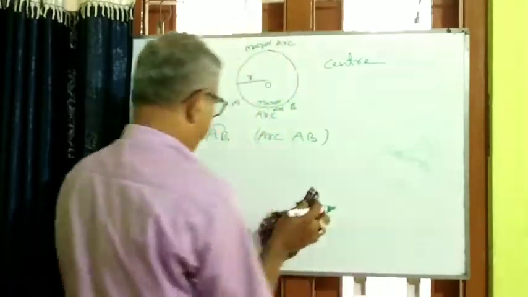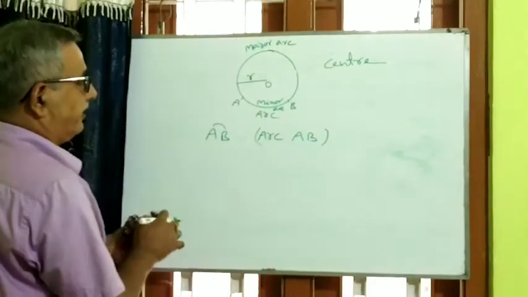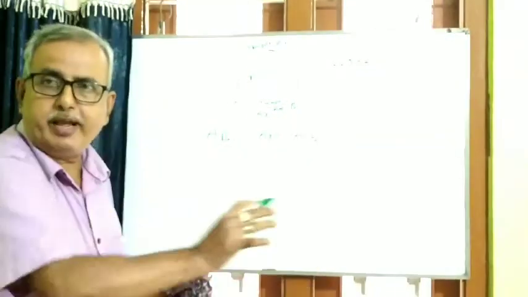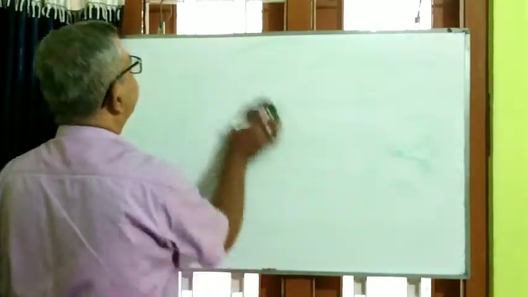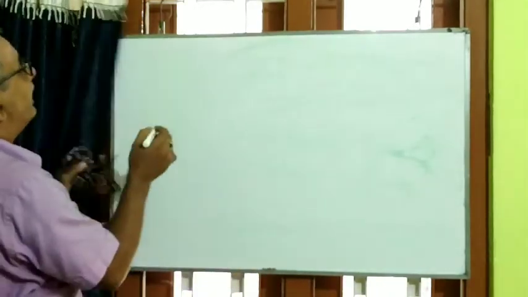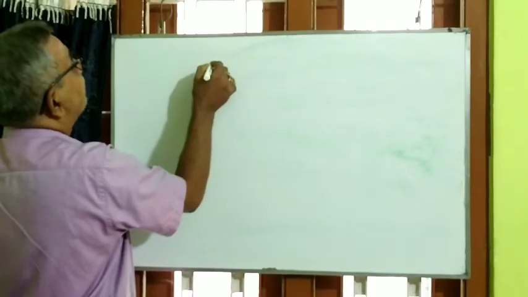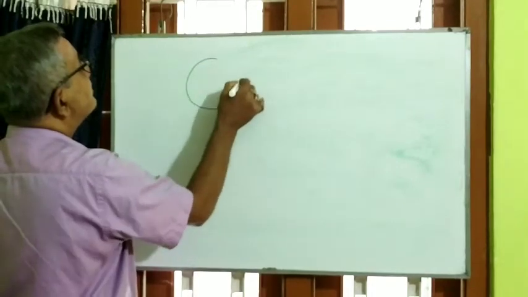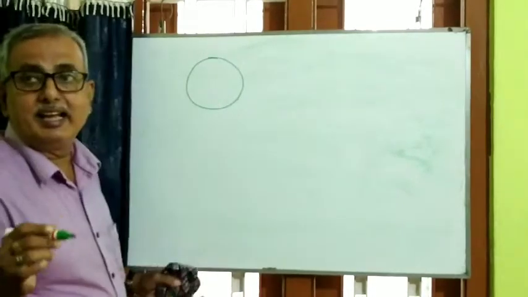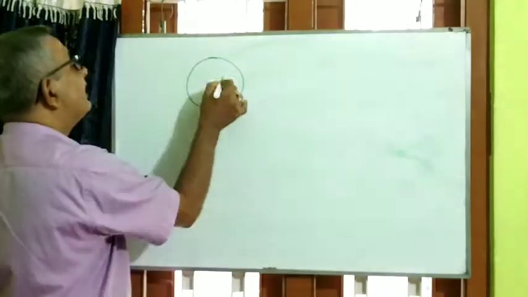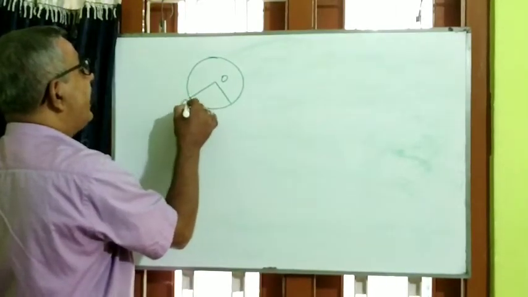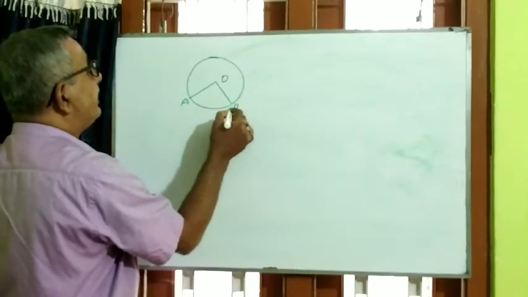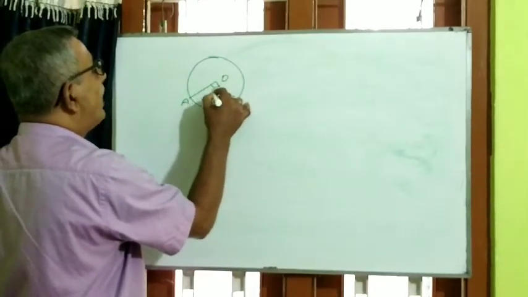Now, my dear students, what will you call this space? One by one, try to understand everything. Up to here, something more I am giving you. Here, this is angle AOB, and this angle will be theta.